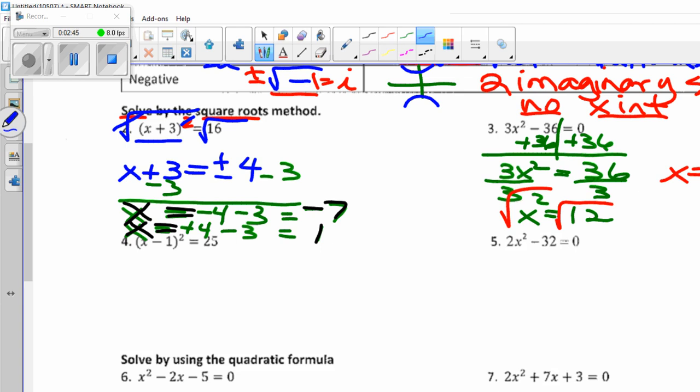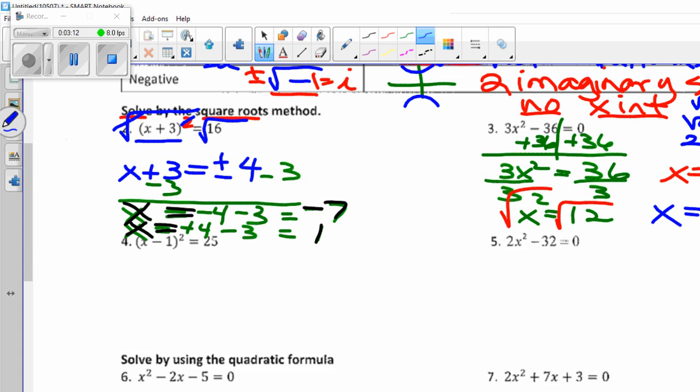All right, but now the square root of 12 I can simplify. Because the square root of 12 is the square root of 4 times the square root of 3, and the square root of 4 is 2. So that would be, oops, let me erase. So 2, square root of 4 is 2, and then I have radical 3.